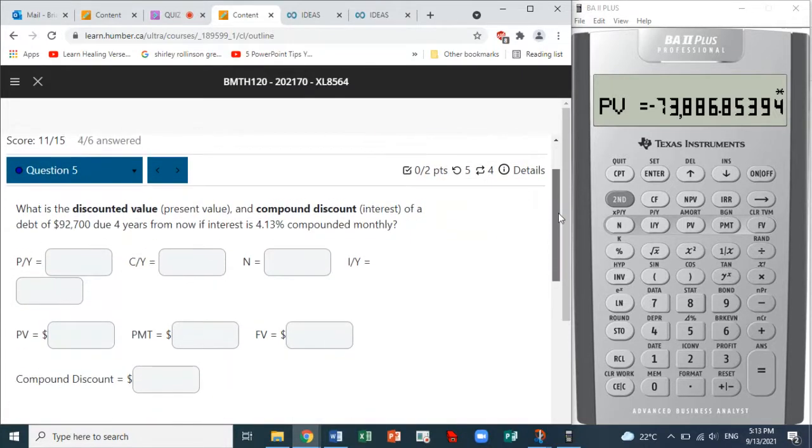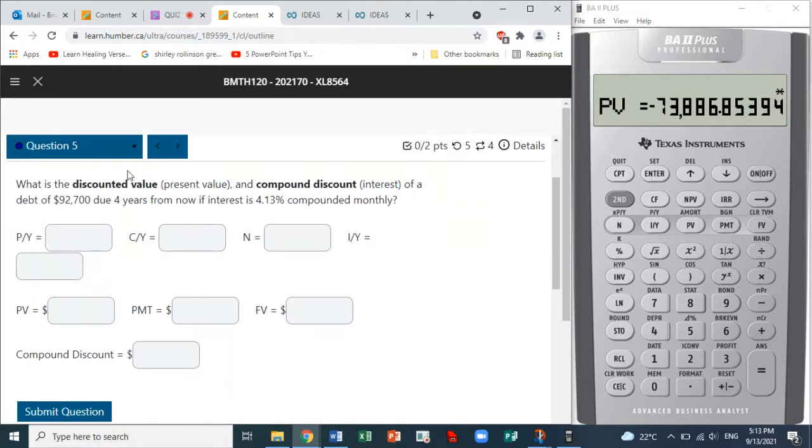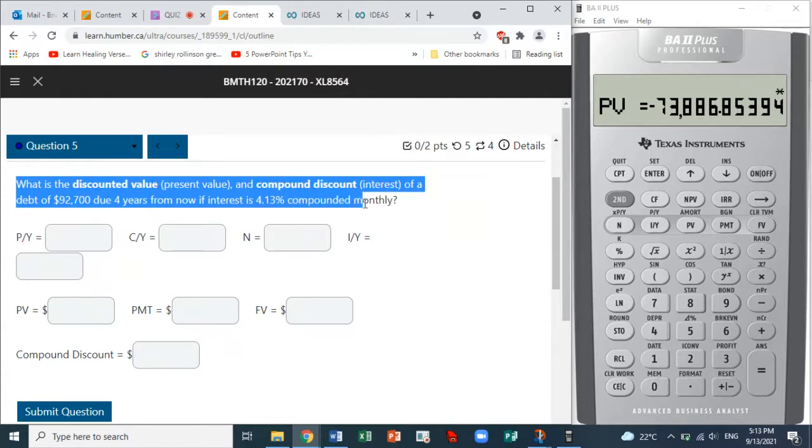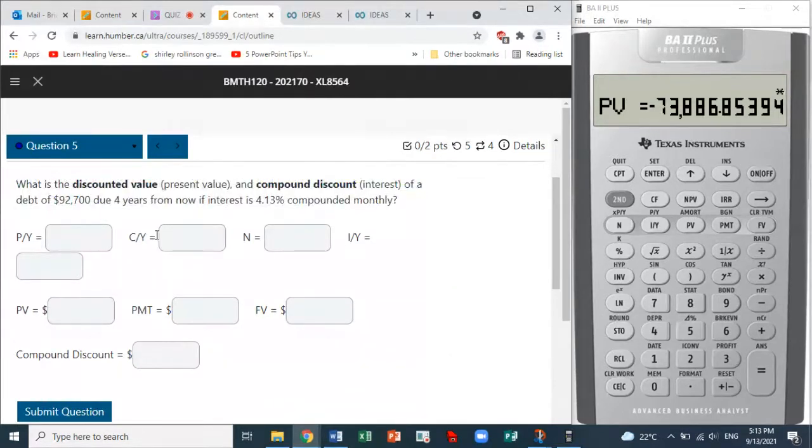Question number 5 of quiz number 2. And what is the discounted value or the present value and the compound discount? All right, the compound discount being the interest of a debt of $92,700 due 4 years from now if interest is 4.13% compounded monthly.